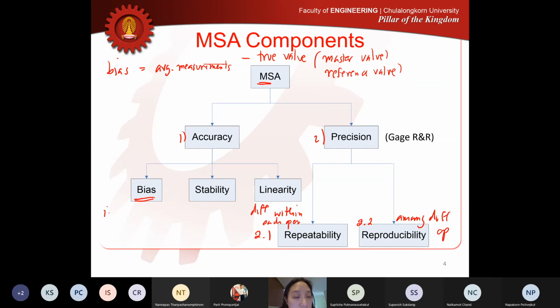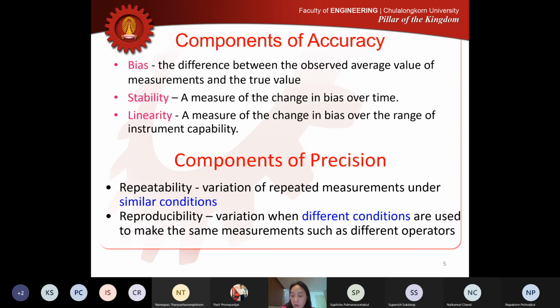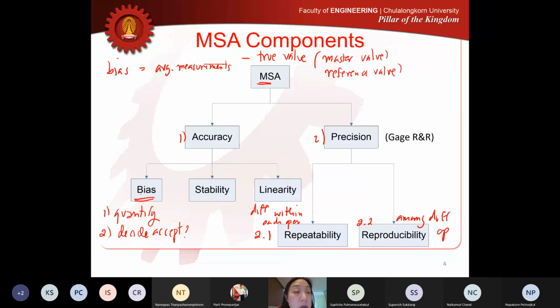Then we have to quantify the numbers of the bias, and then we have to decide whether we're going to accept it or not. To decide whether to accept or not, we have to compare. I'll give you the brief idea about the bias first.